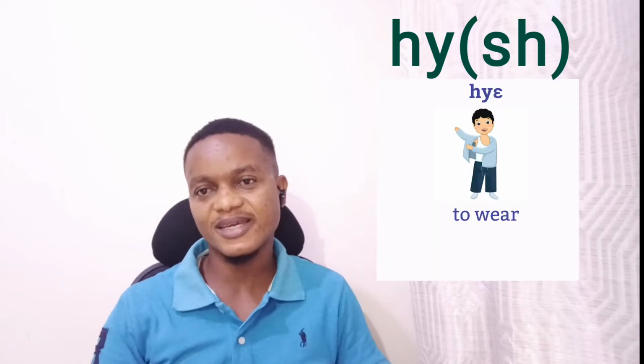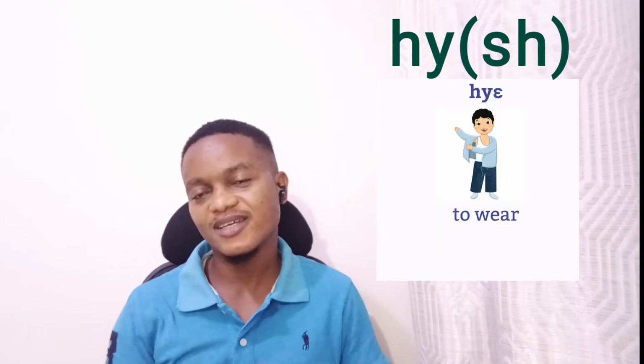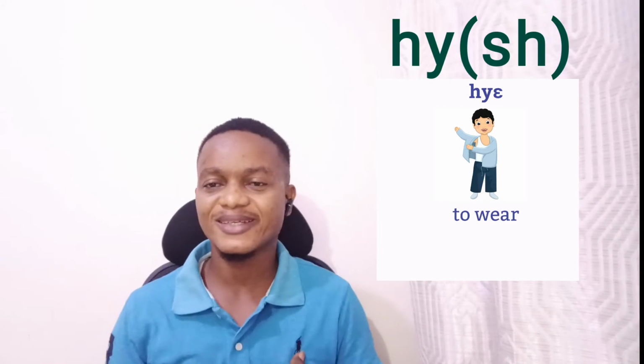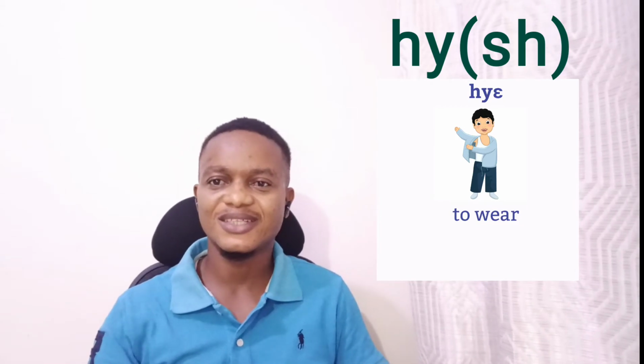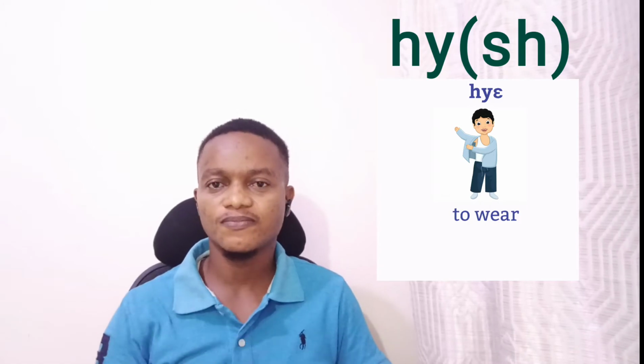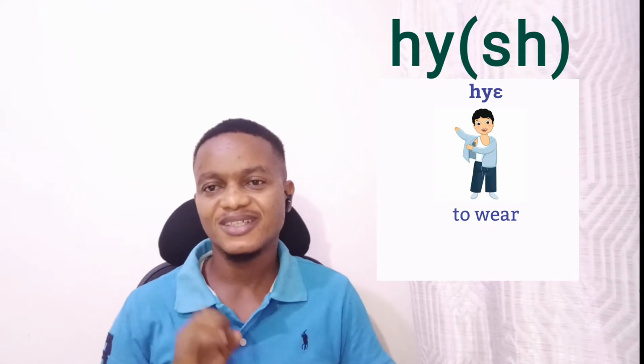Then we move to the next digraph, which is the h and y put together, and they sound as sh in English, as if you are pronouncing ship. So you have sh. So the key word here is she. So she means to wear. And then we have she.